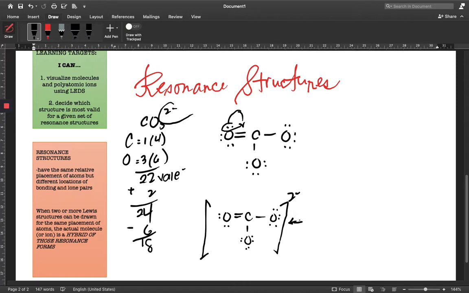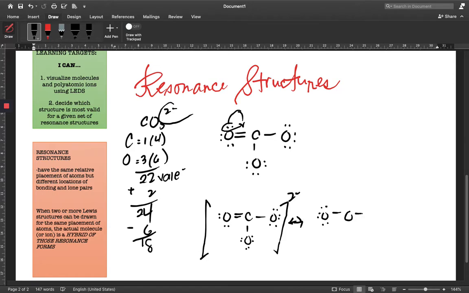But we can also have other structures wherein the other oxygen atoms will be sharing their pair of electrons. So this is O. Assuming that the second oxygen atom to the right will now be sharing its valence electrons.